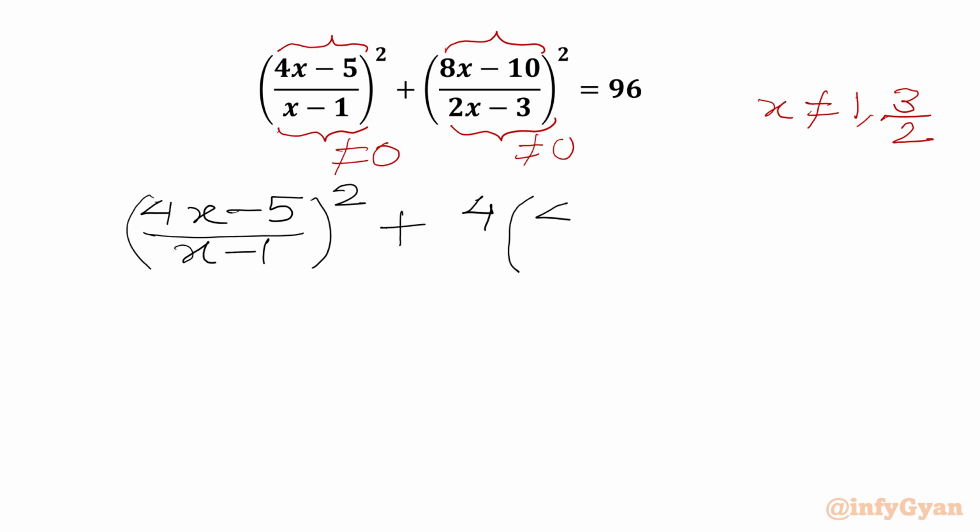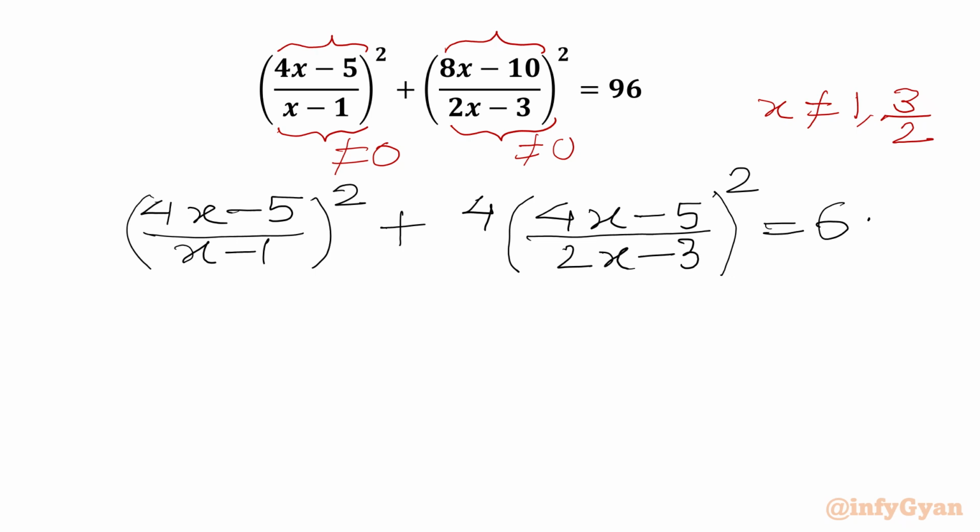In the bracket there would be 4x minus 5 left in the bracket, numerator only, and denominator will be 2x minus 3. Then I will put whole square there, and RHS is 96, which we can write 6 times 16.